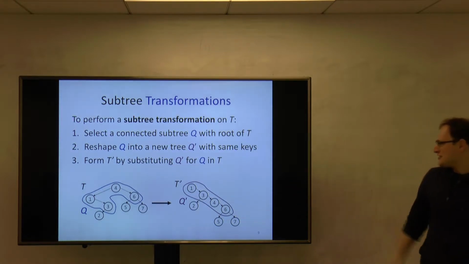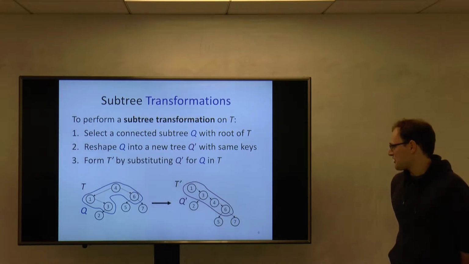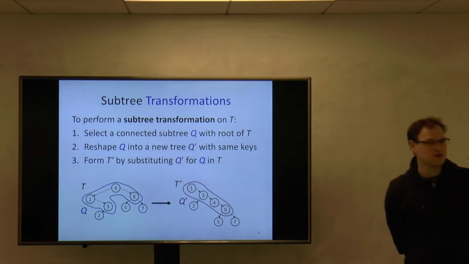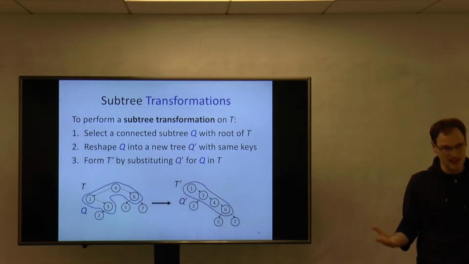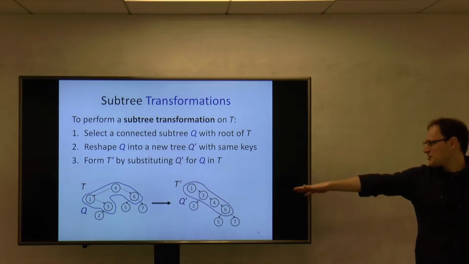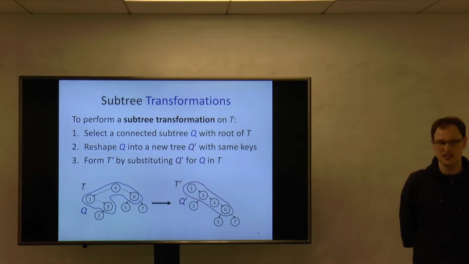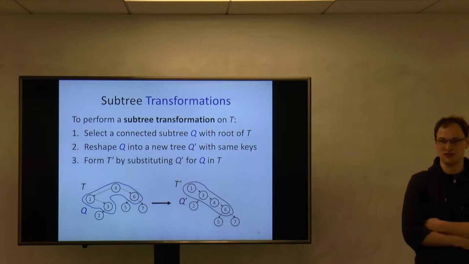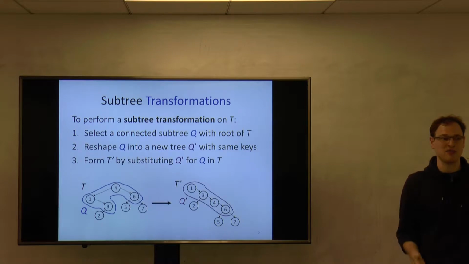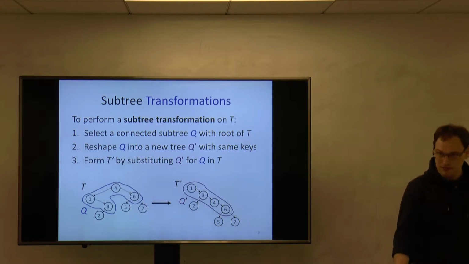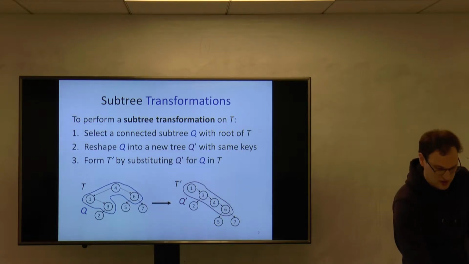So the idea is I pick some arbitrary connected subtree of the root Q. I transform it into any other subtree Q prime that I want. I reattach the subtrees in accordance with the symmetric order, and that's a subtree transformation. And the cost of doing this is ascribed to be the number of nodes in the subtree that I chose. So it's the size of the subtree.